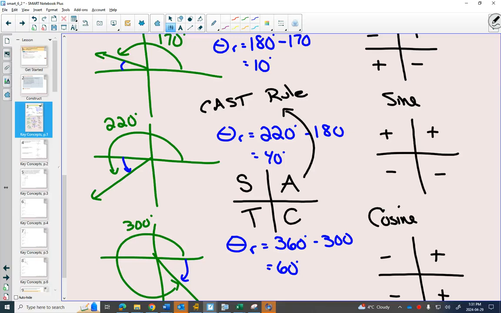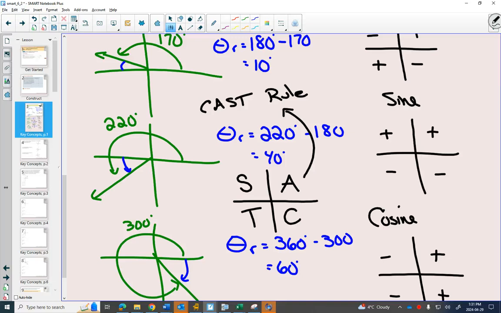So I don't know. It's called the CAST rule as a result. And that rule tells us where things are positive and where they're negative. Because we're going to get questions which move beyond our 90-degree triangles that we've done so far.